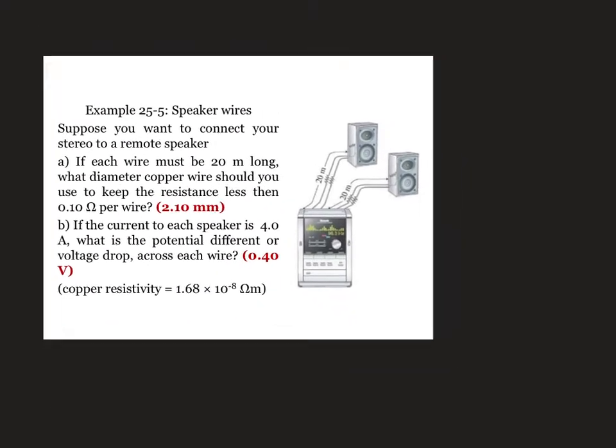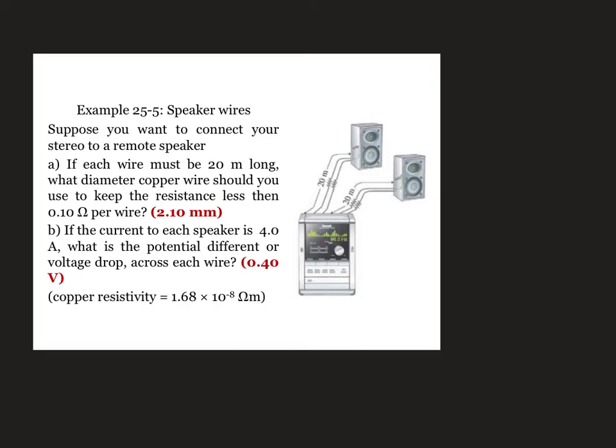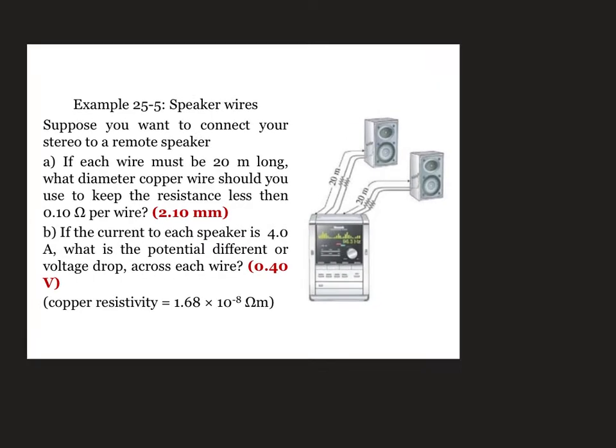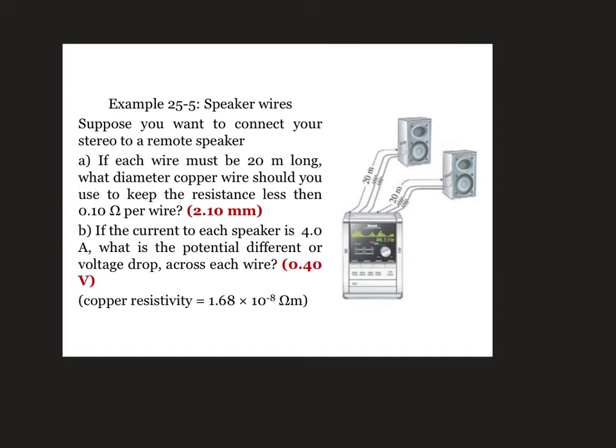Before we proceed with the next part, we are going to answer this one first. The question asks you to find what diameter of copper wire you should use to keep the resistance less than 0.10 ohms per wire.